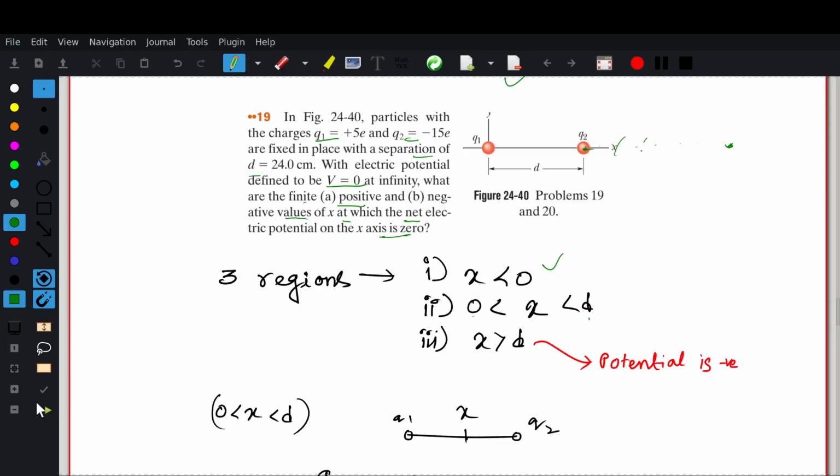So in this region the potential will be negative, so we can't hope that there is some point where the potential can be 0. So the only choice is that we can have some points in between, so that the positive potential and negative potential cancel each other and give us a net 0.